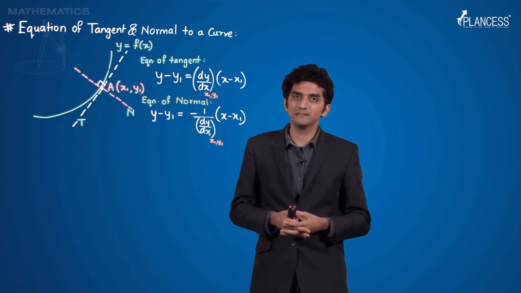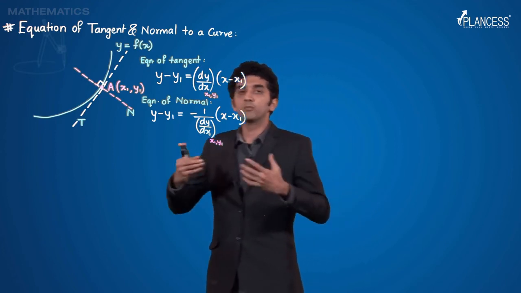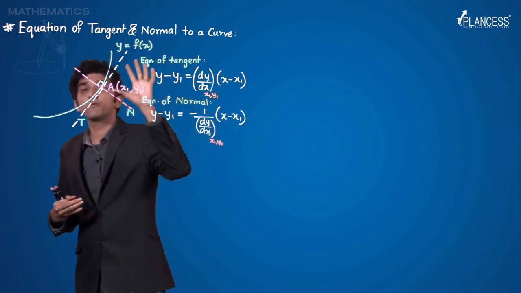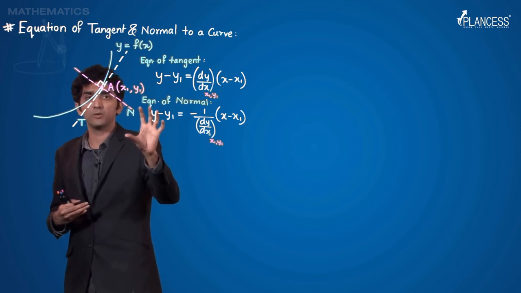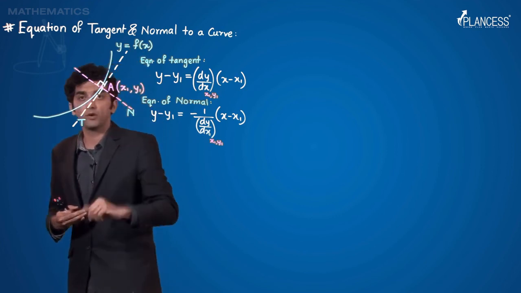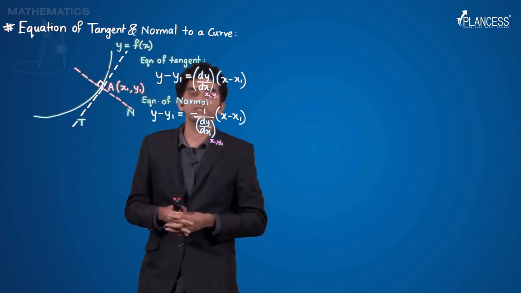So these are a few things that we need to understand before moving to the real applications. We have understood how to form the equation of tangent and the equation of normal given the function and a particular point where we have to find them.